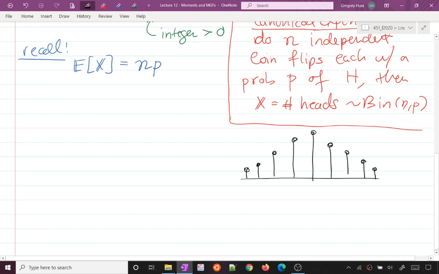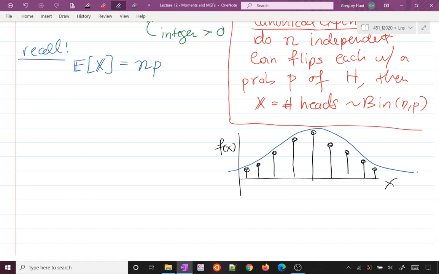There are actually connections between a binomial PMF and a normal distribution. A normal would be a bell shape that looks like this, and you can actually show in some cases, and we can maybe show this near the end of the course, that somehow the binomial in the limit approaches a normal. And we'll see, when we derive this variance, that this harkens back to an intro stats course when you talk about proportions.